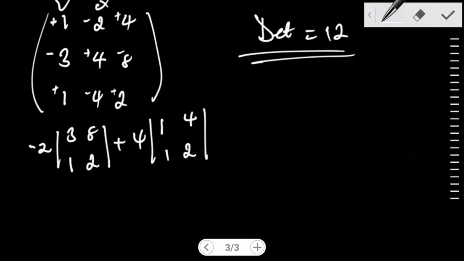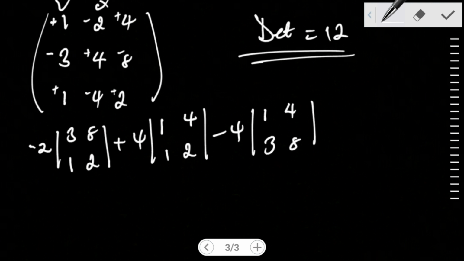Then the next thing I'm going to have is minus 4. So that means that I'm leaving out this. So I have negative 4. I'm going to be having 1, 4, and 3, 8.